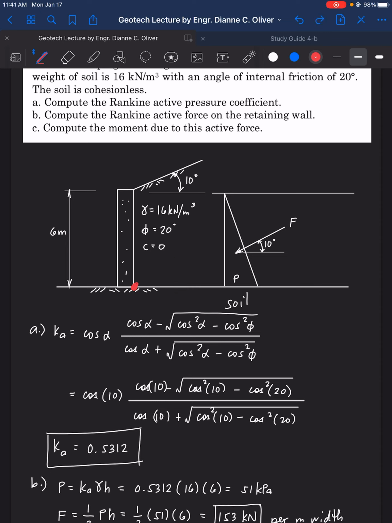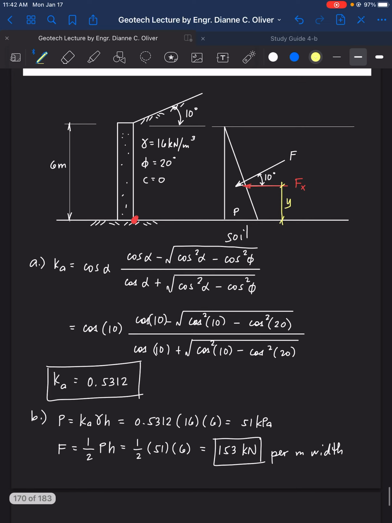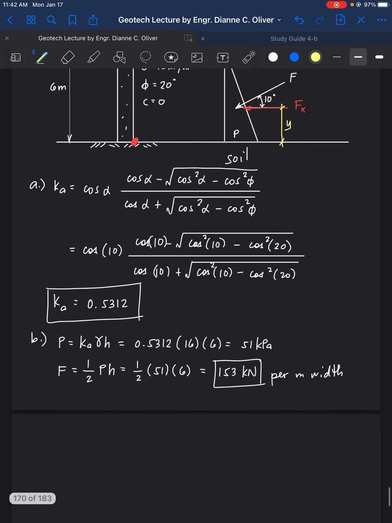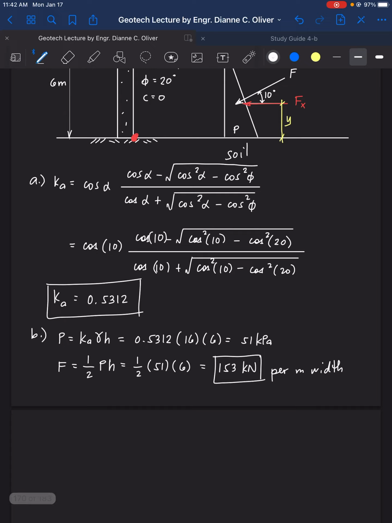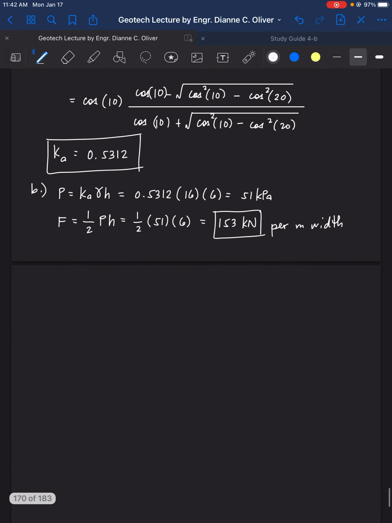So, how do we treat the moment for the force here? We take the value for F of x. We get the value for F of x. Then we find the distance y from the bottom to the F of x, or the component of the force. That's how we will be able to find the value for moment.